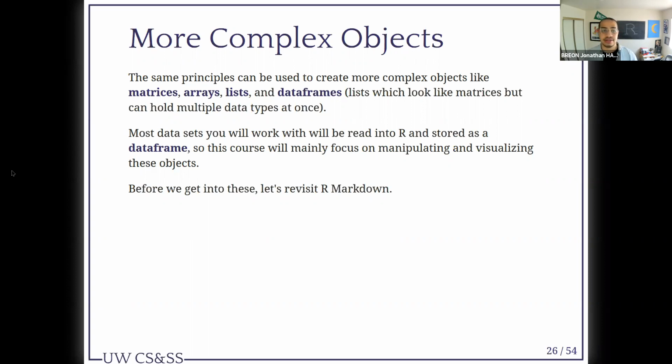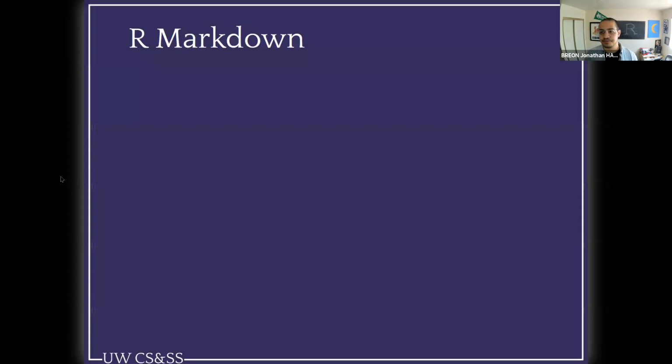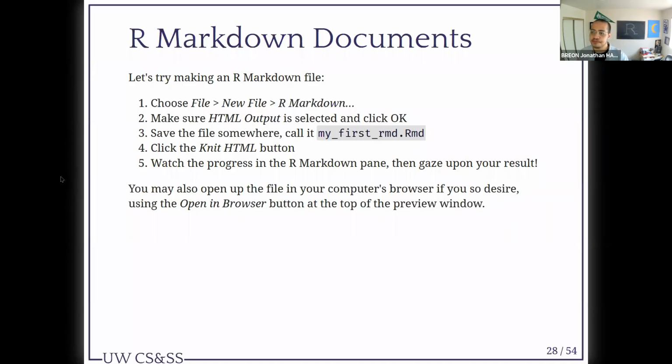Before we get into these, let's revisit R Markdown, which is our tool for producing reports. Here is R Markdown. Okay. R Markdown documents are a type of file that you can produce in RStudio, much like our R script that we opened up earlier. So let's try making an R Markdown file, shall we?